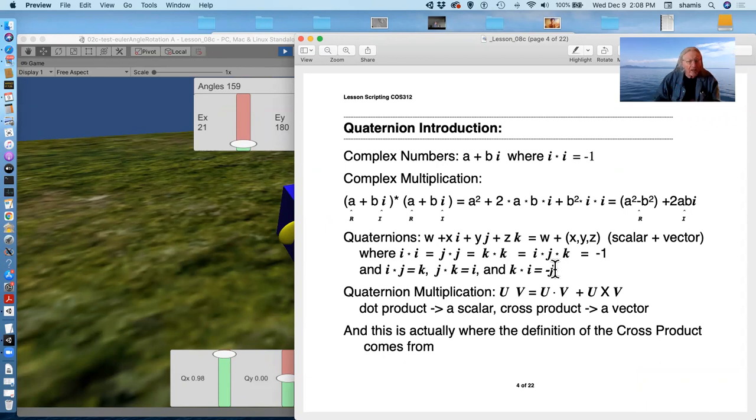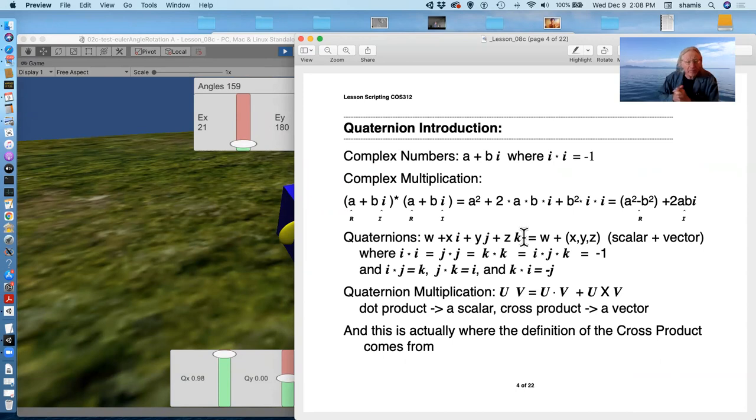But the bottom line is that a quaternion multiplication results in a dot product, which is a scalar, and a cross product, which is a vector. And so the idea is that a quaternion is a scalar w and a vector x, y, and z.